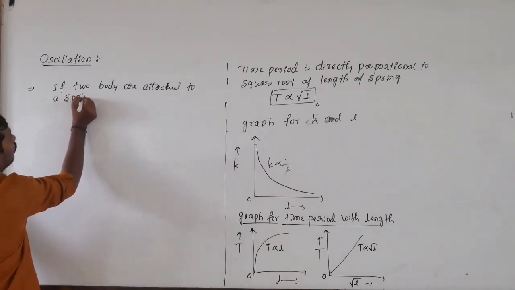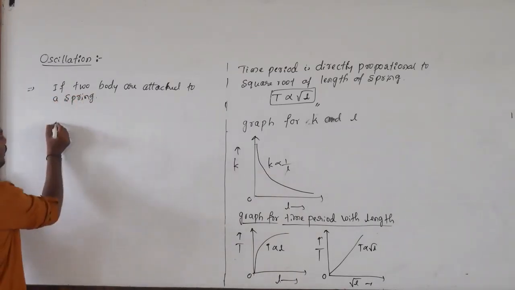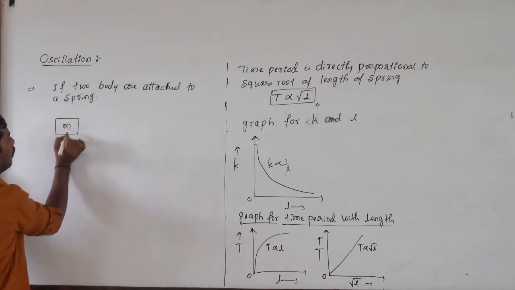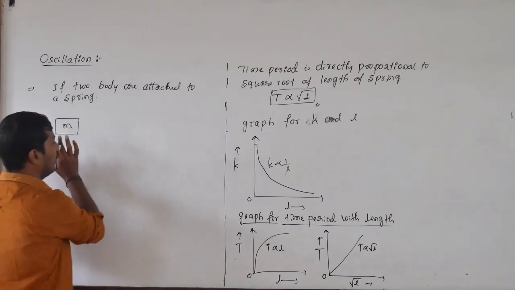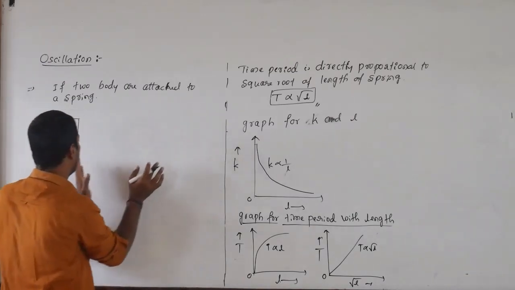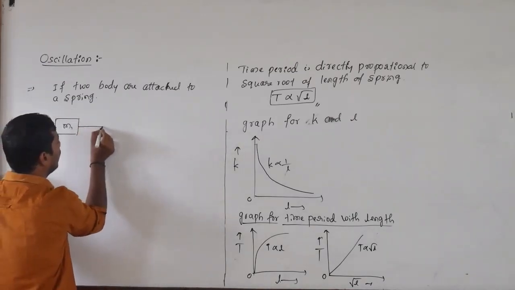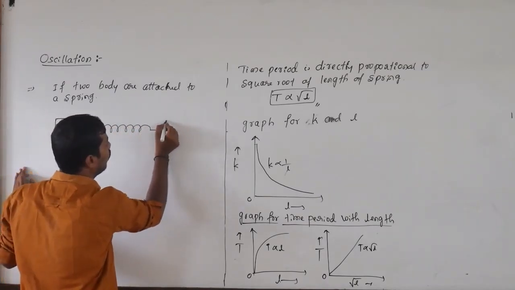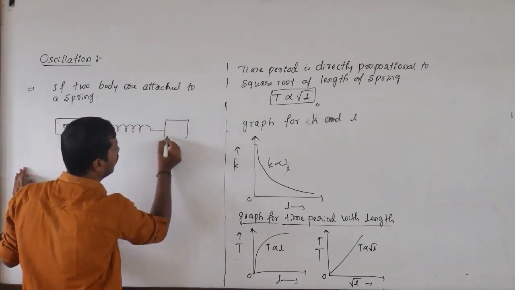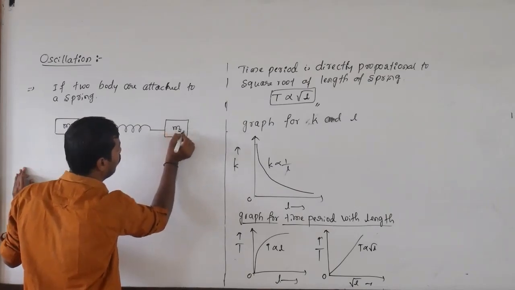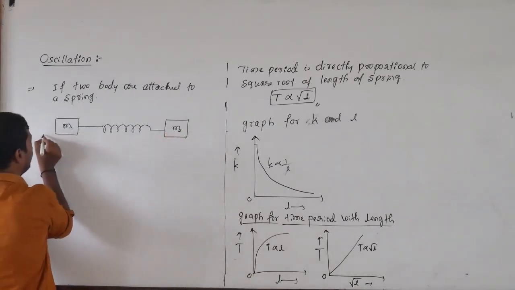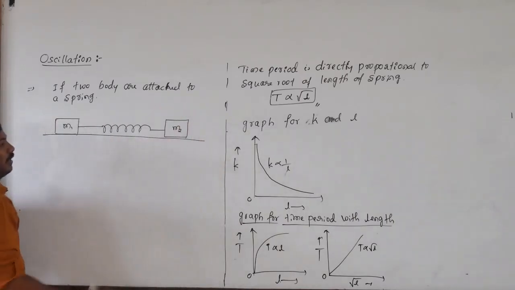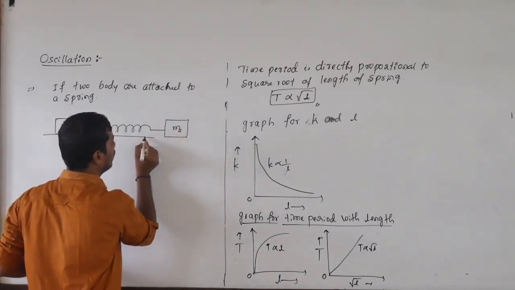So if it is like this, one mass is there, that is called M1. Then at the other end of the spring, one more body is attached whose mass is M2. Both are kept on a frictionless surface.